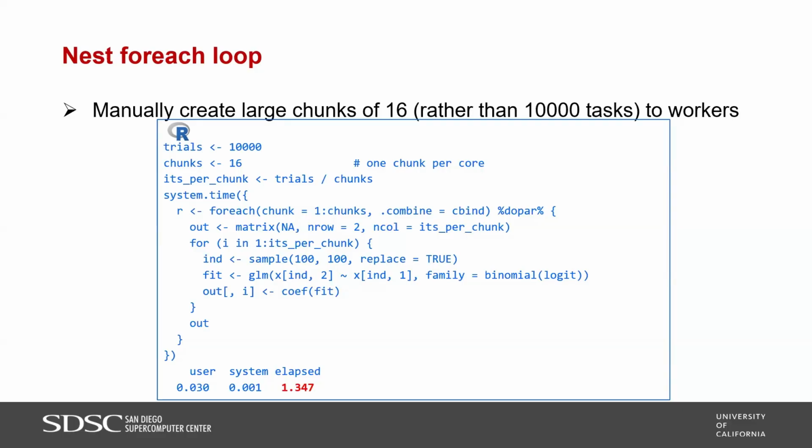And here is the same case study running the bootstrap 10,000 times, but instead of sending 10,000 tasks to those 16 workers, we just create large chunks of 16, and then we use a nested loop to only parallelize the outer loop, and inside the loop is still a for loop.